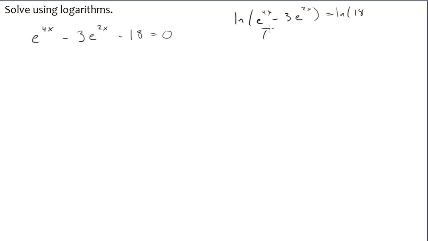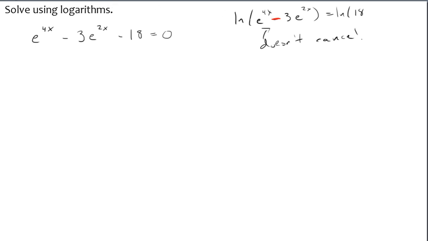And this doesn't cancel. And this doesn't work because of this negative sign here. Like so many times with other stuff, remember we're dealing with exponents, and addition and exponents just doesn't work. So we're not going to do that.